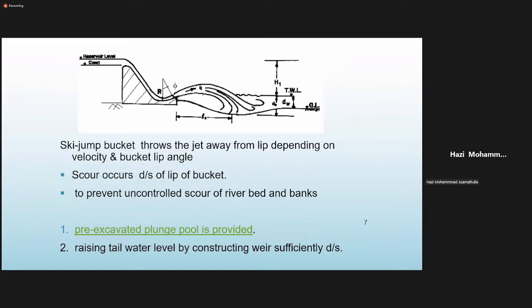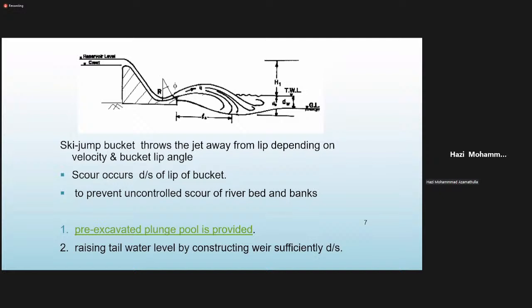Okay, here you can see on the left hand side the reservoir level and the crest level of the spillway. This figure I have taken from Damle, 1966, who did great work at the Central Water and Power Research Station, Khadakwasla. You can see the bucket radius R and lip angle phi. We are all aware this jet should go very far.